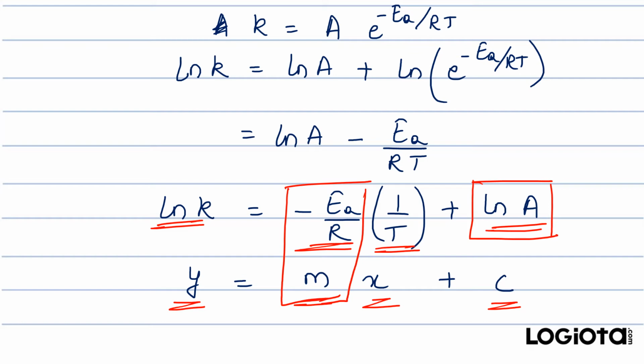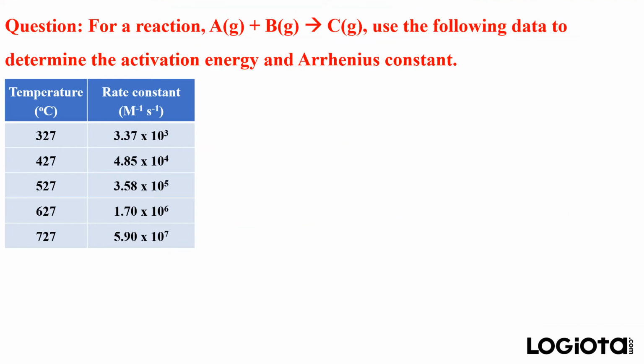Now let's take a question and try to plot it out. The question is: for a reaction A gaseous plus B gaseous gives C gaseous, use the following data to determine the activation energy and the Arrhenius constant. The data shown gives the rate constants at different temperatures.